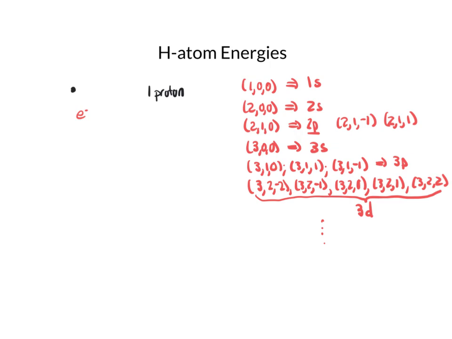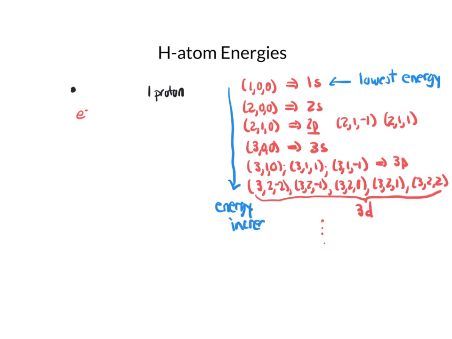So remember that we said that the N quantum number represents something about the energy that that electron would have. If it was in this distribution, N is the smallest, so it would have the lowest energy. And then as I go up, the energy increases.